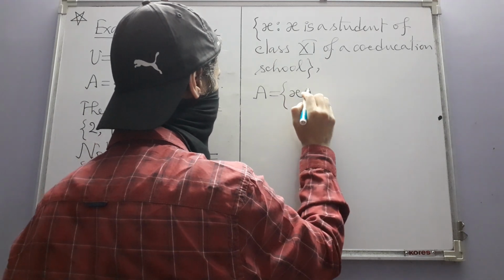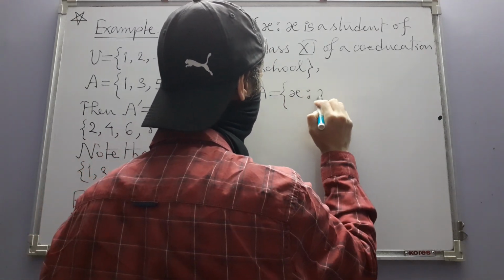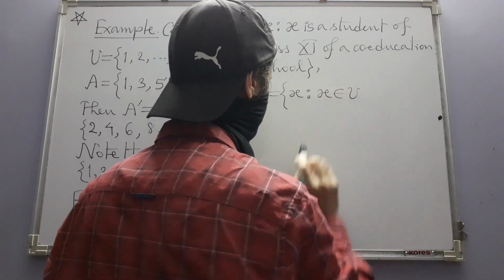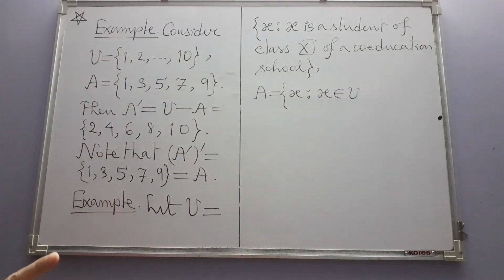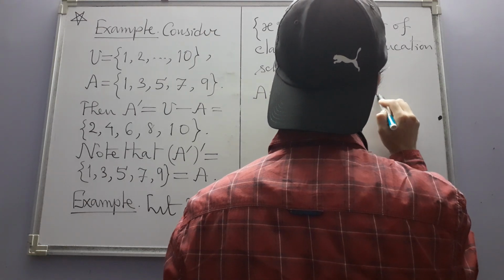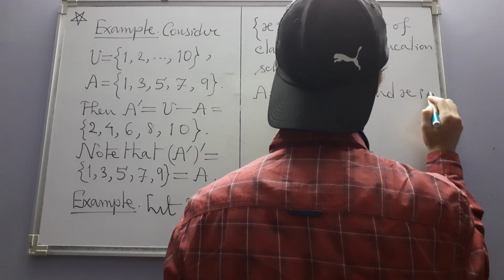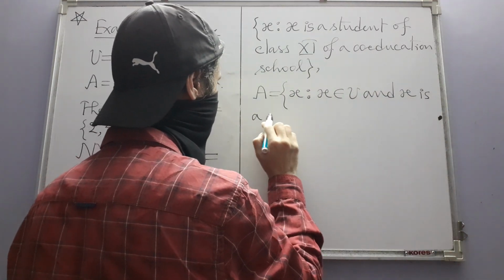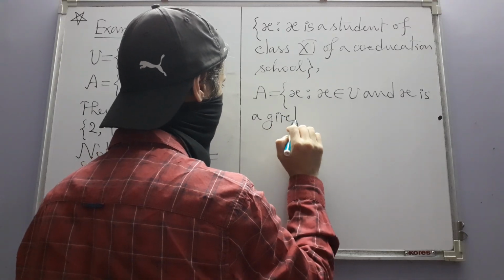A is the set of all elements X such that X belongs to U. That means X is a student of class 11 in that school, and X is a girl.